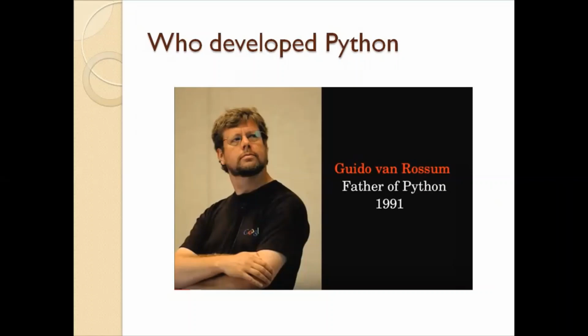He was a big fan of a BBC show named Monty Python's Flying Circus. From that name, he named this language Python. It is not because of the snake; this name came from that BBC show.